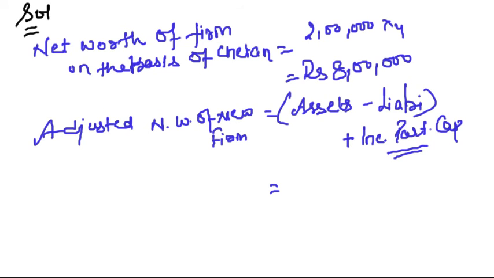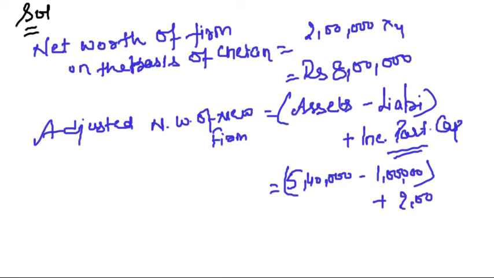So we are given the assets as 5,40,000 and liabilities as 1 lakh. And what is the share of the new partner? 2 lakh. So what is the adjusted net worth of the new firm? This comes to 4,40,000 and 2 lakh, 6,40,000.